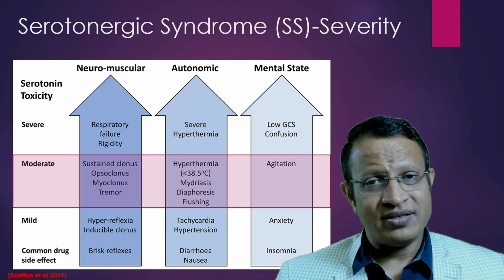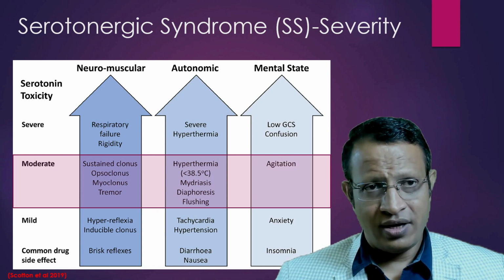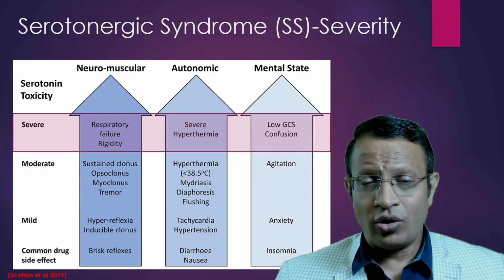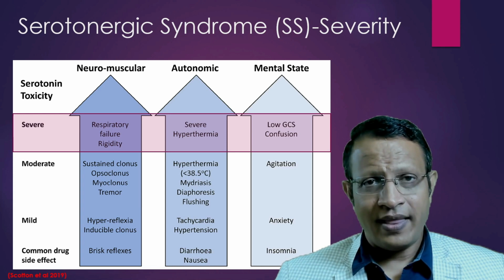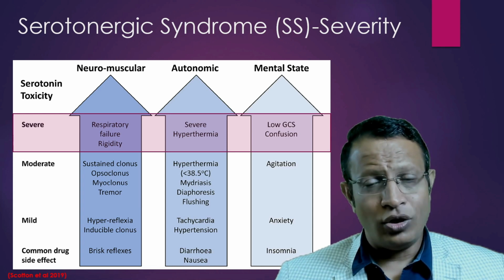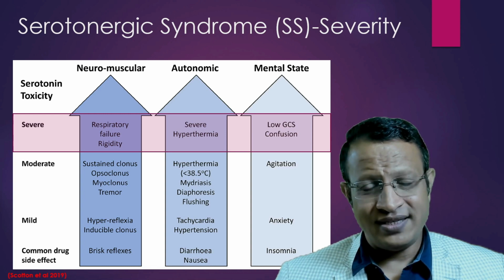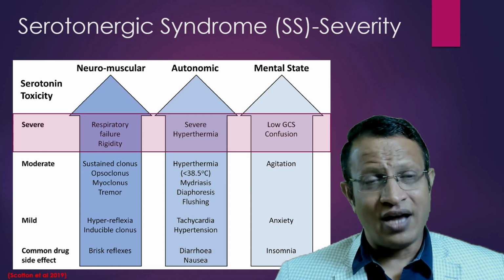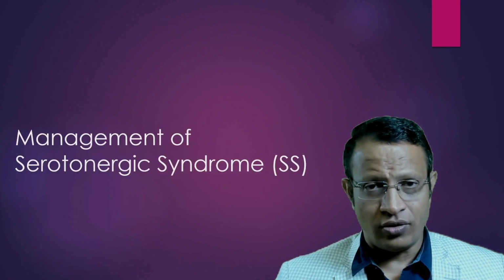And in mental status, agitation is common. And if you look at severe serotonergic syndrome, you are going to see respiratory failure, rigidity, and in autonomic, severe hyperthermia, and low score on GCS, and confusion, and at times coma. So this is how you are going to rate the severity of serotonin syndrome.